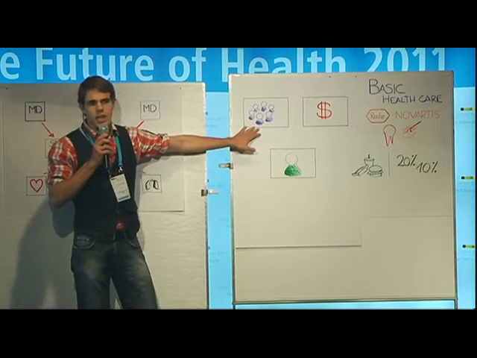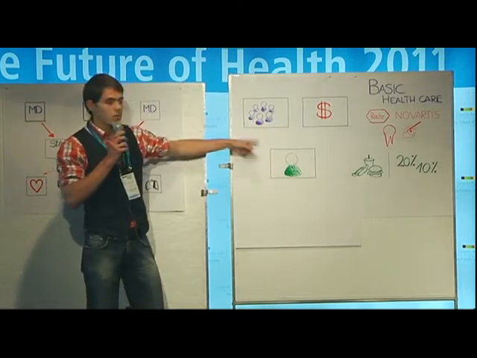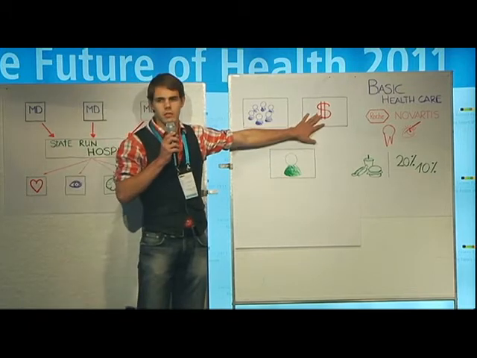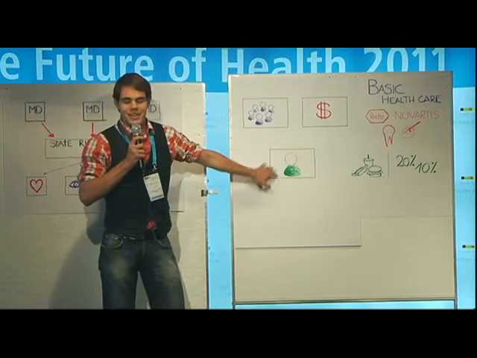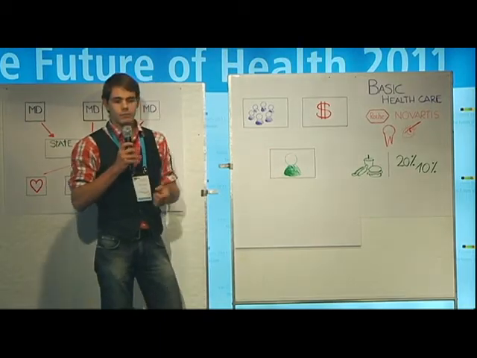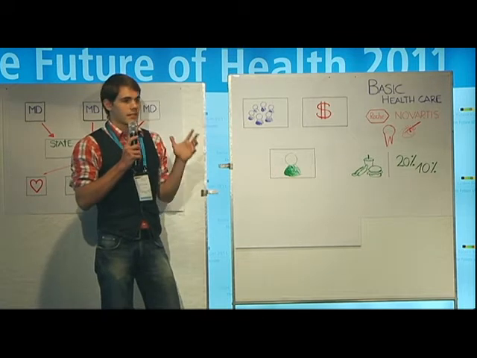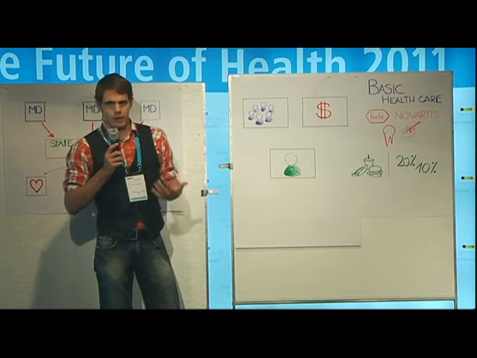So you've got the solidarity aspect in it. Rich people pay more on that basic healthcare model. Then you got the private insurance. And I'll explain to you later why we have made this division. Third is self-responsibility. We have agreed that every one of us should be concerned about their own health.